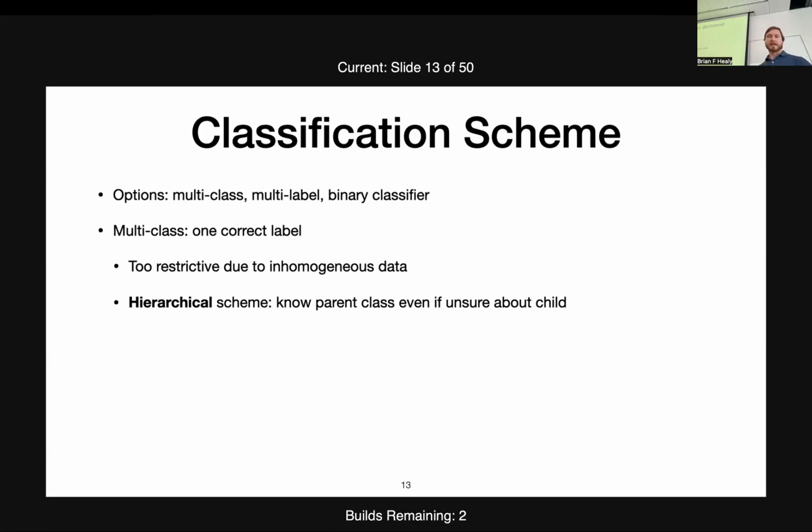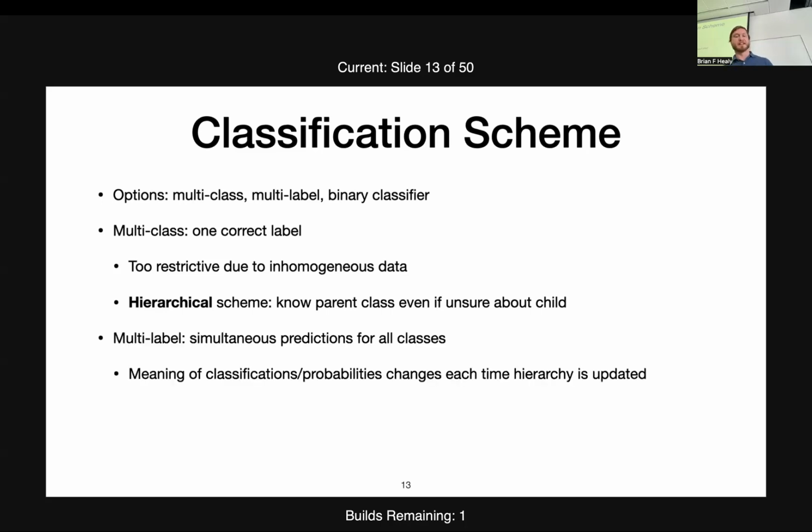One way to address this, or one component of the multi-class classifier, is a hierarchical scheme. The idea is that you can know the parent class even if you're unsure about the child. So that's useful. But then the next option we can consider is a multi-label classifier.